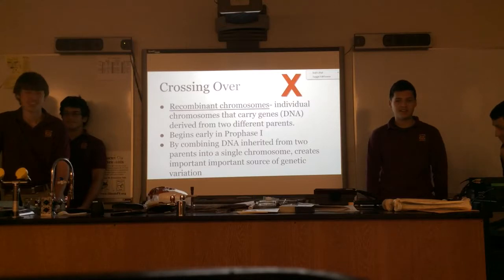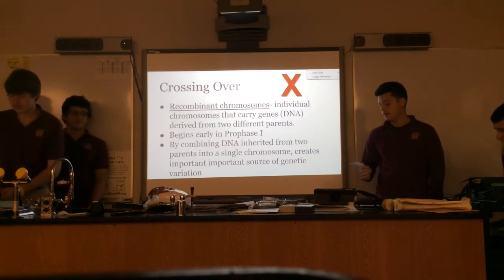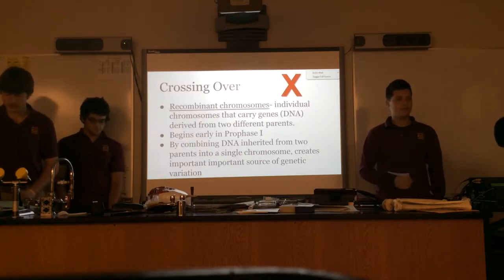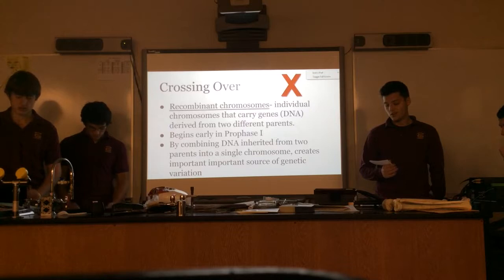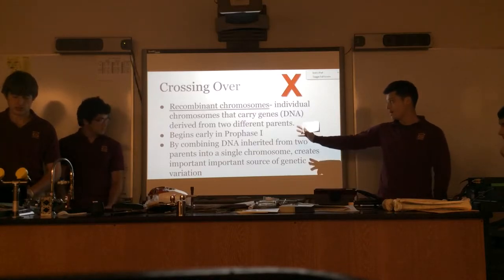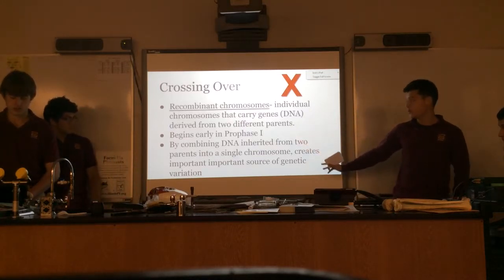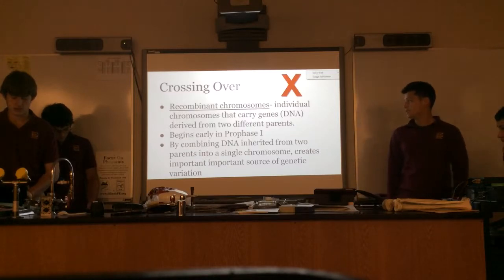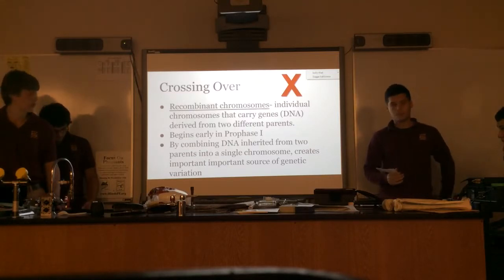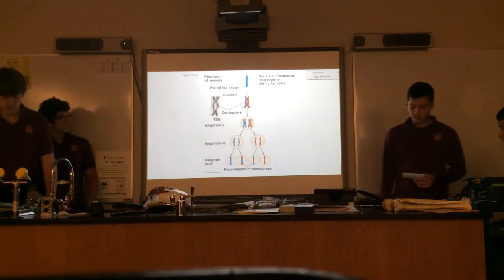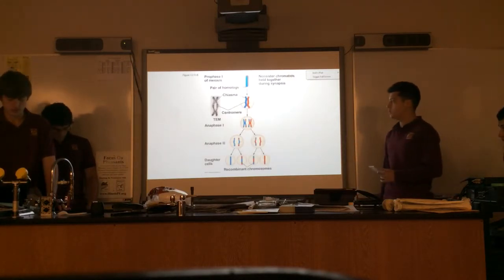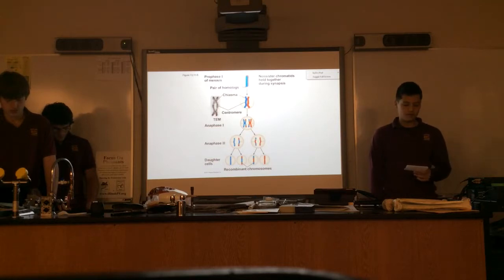Okay, I see. Alright, so the picture I just showed you suggests that each chromosome in a gamete is exclusively maternal or paternal, which is not entirely the case because crossing over produces recombinant chromosomes, which are individual chromosomes that carry DNA derived from two different parents. So this crossing over begins early in prophase 1 as the homologous chromosomes pair loosely along their lengths.